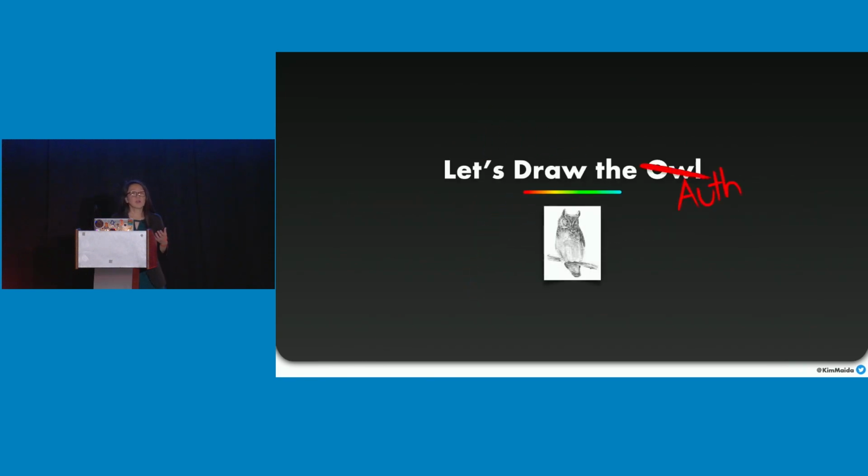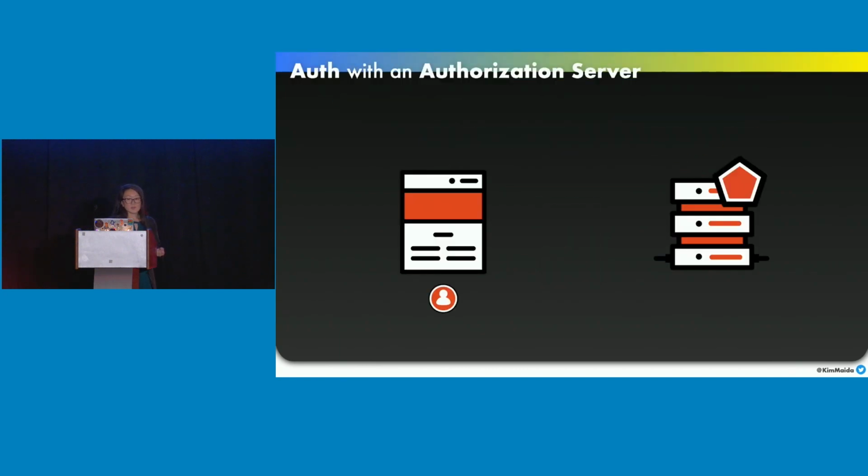So now that we've got the background and the basic concepts, let's put it all together. When a user logs into an application that uses an authorization server, their credentials are sent to the authorization server. The authorization server is going to verify the user credentials, and it'll issue an ID token. If the application also needs access to APIs, the authorization server can also issue an access token.